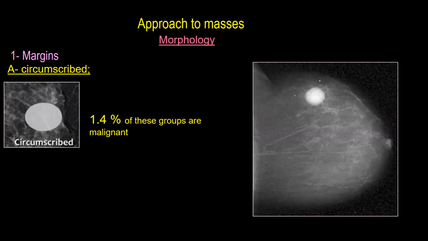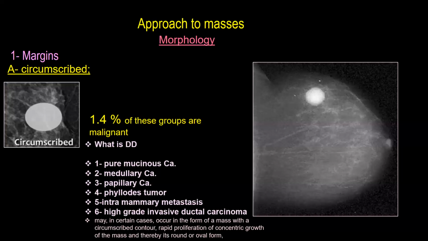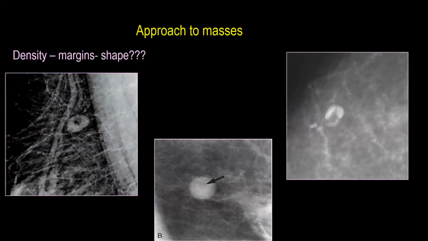So you'll see it circumscribed. But when you go through this group carefully and make a spot compression, you'll find the margin as a fuzzy border. You will not see it as the penciling circumscribed margin of benign lesions, most of the time.